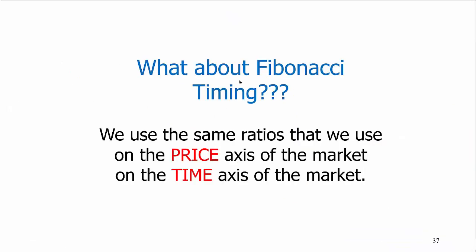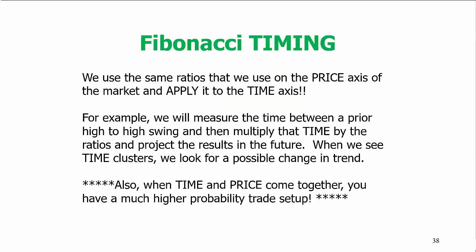Okay, and now we're actually going to look into Fibonacci timing. So for the timing, I use the exact same ratios that I use on the price axis of the market on the time axis of the market. Now normally when somebody tells you that they are timing the market, they're timing it via the price work. It makes better sense to time it via the time axis of the market.